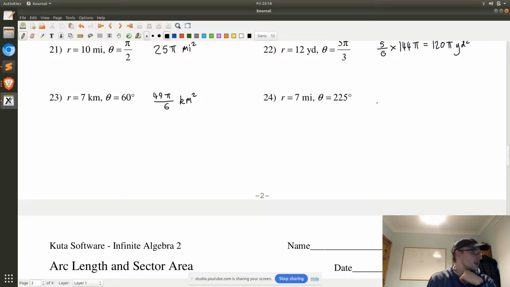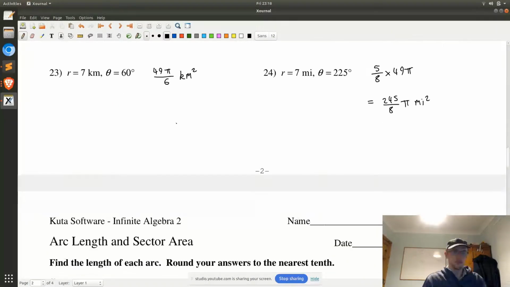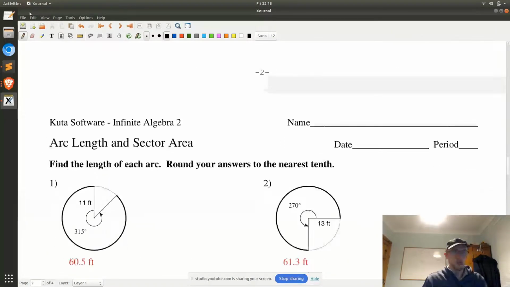Well, that would be 5/8. Times that by 49. So I mean that's 245 over 8 pi square miles. Okay.